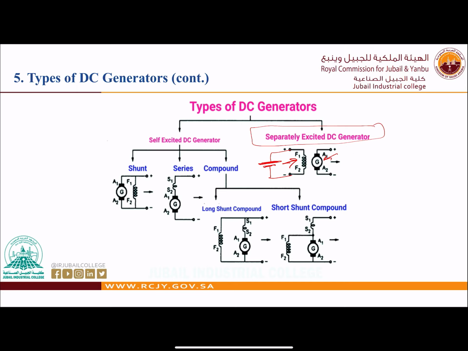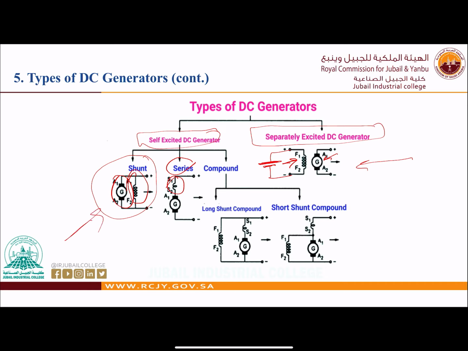The second type is self-excited DC generators. We will concentrate on the shunt, in which the field is in parallel with the armature, and series, if you have time, in which the field is in series with the armature. And we have combined, with two types of combined, so no need to understand. We will explain just the separately excited and shunt self-excited DC generators.